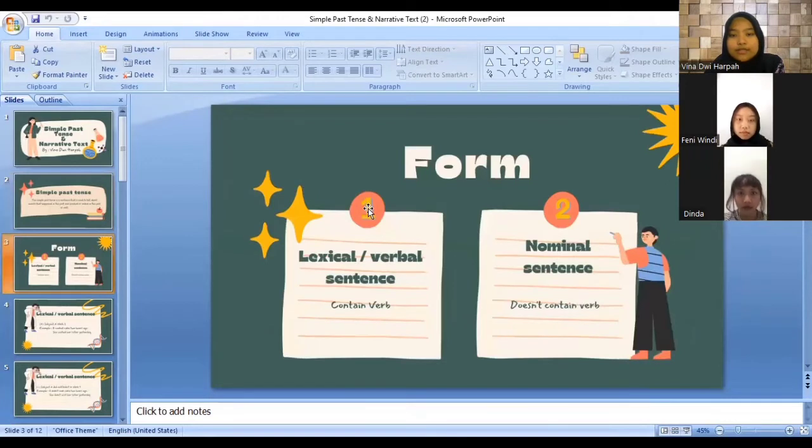And the forms of simple past tense are lexical or verbal sentence and nominal sentence. A lexical or verbal sentence is a sentence that contains a verb, and a nominal sentence is a sentence that doesn't contain a verb. For more detail, let's see the next slide.